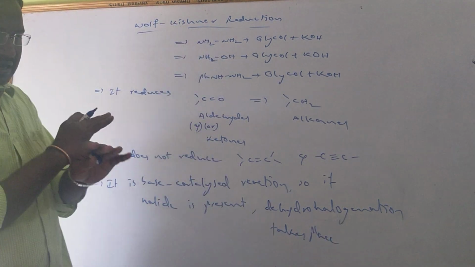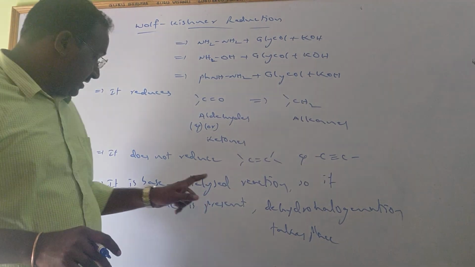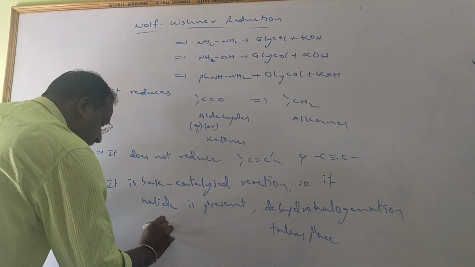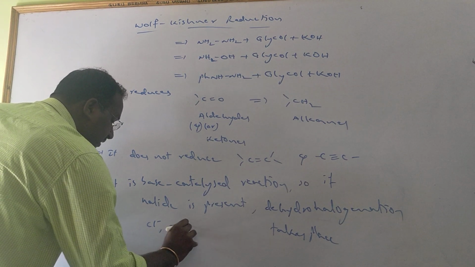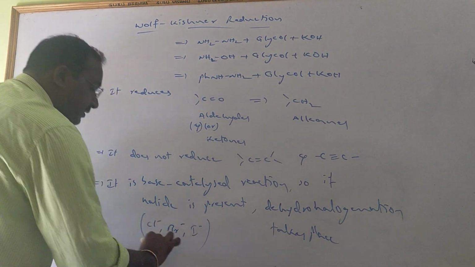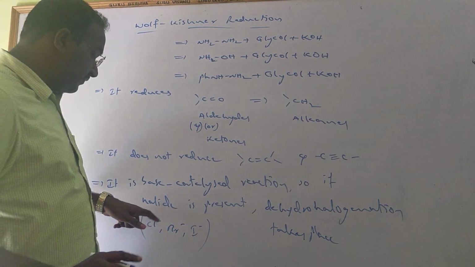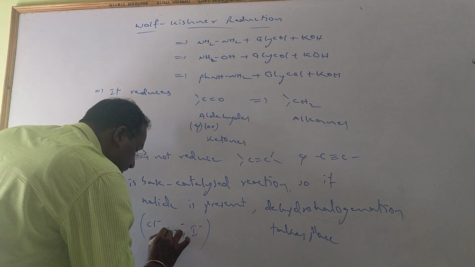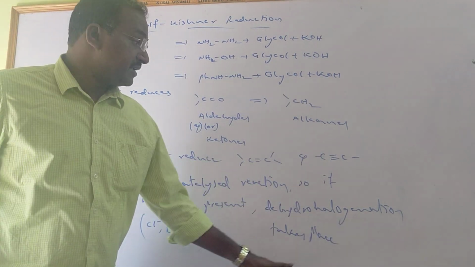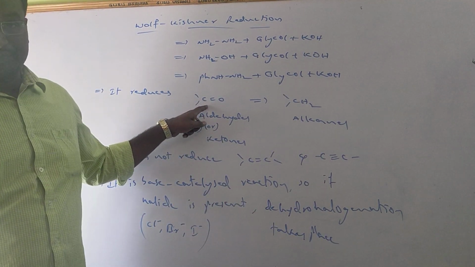Anywhere in the carbon chain, halide means maybe Cl minus, Br minus, I minus. Usually these will be present as halide groups. If these are present, dehydrohalogenation takes place along with the reduction of the carbonyl group.